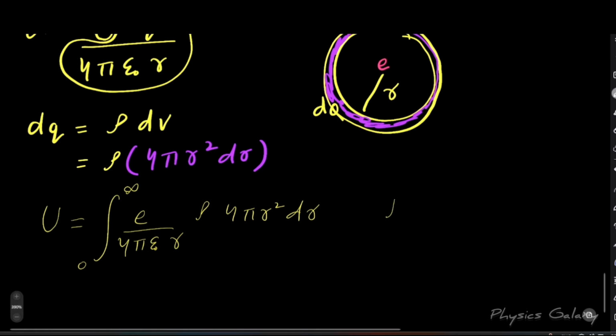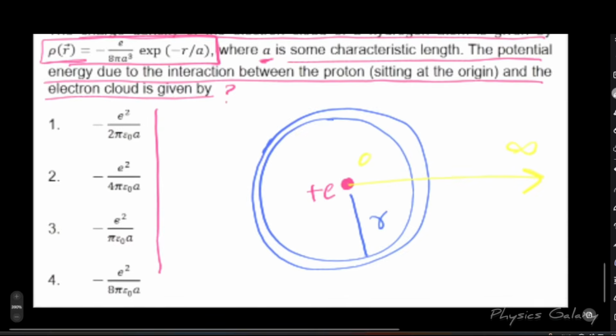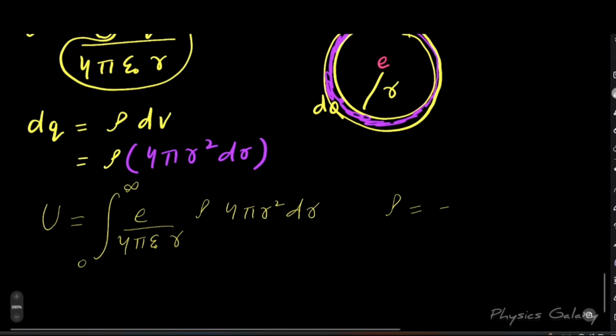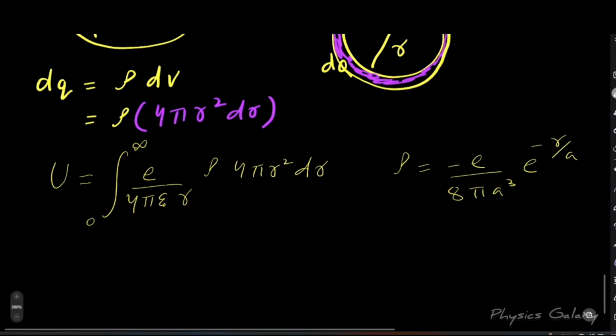And rho, we know, is given as minus e by 8 pi a cube e to the power minus r by a. So I just substitute and we'll get the final answer. So 4 cancels out, r cancels out.